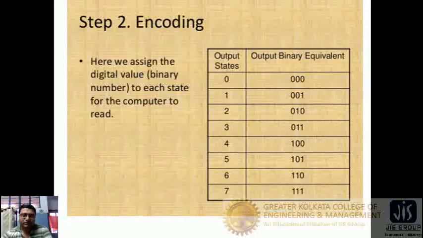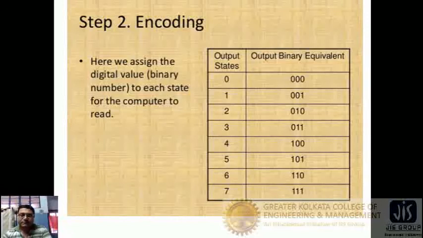After the quantization, encoding is there. In the case of encoding, we assign a digital value or binary number to each state for the computer to read. For 0 it is 000.